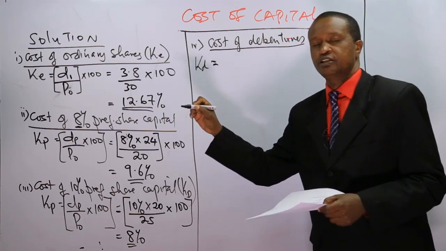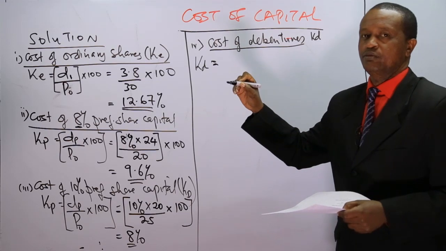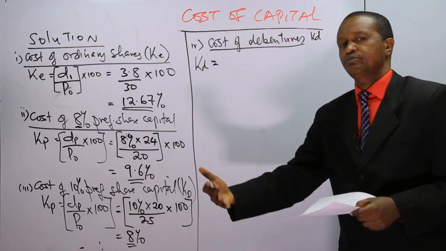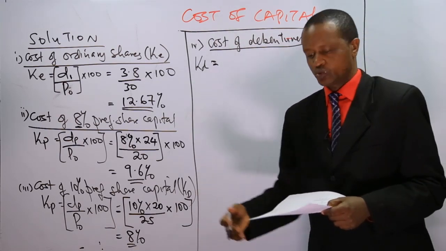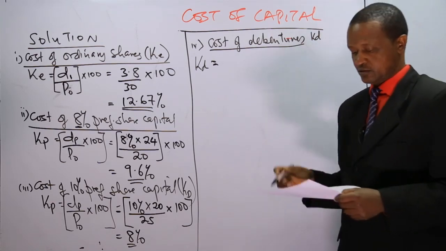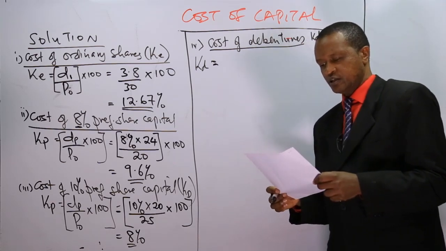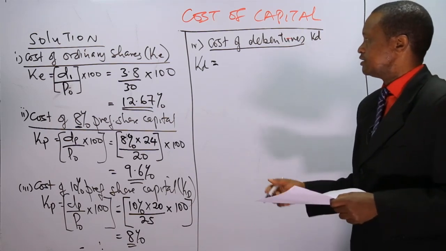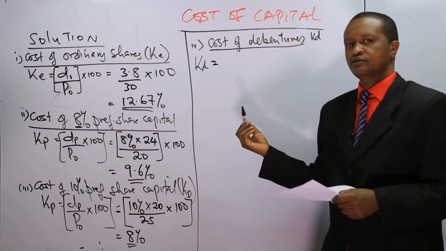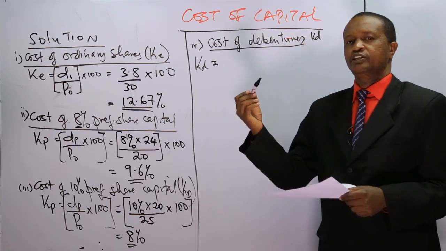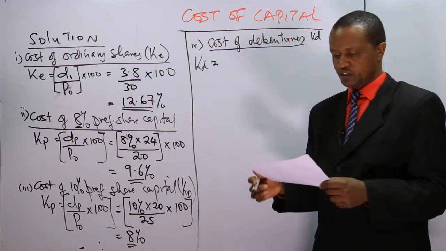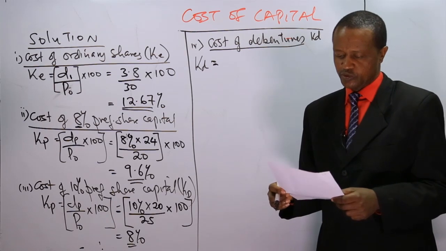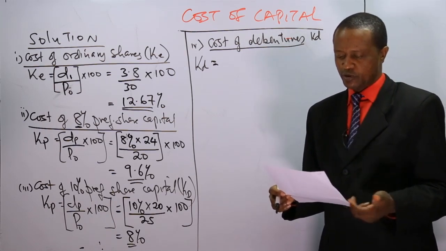Irredeemable debentures are meant to be used in the company until liquidation, until the death of the company. So the formula, again, is determined by the category. So we need to check from the question, are these debentures redeemable or irredeemable?